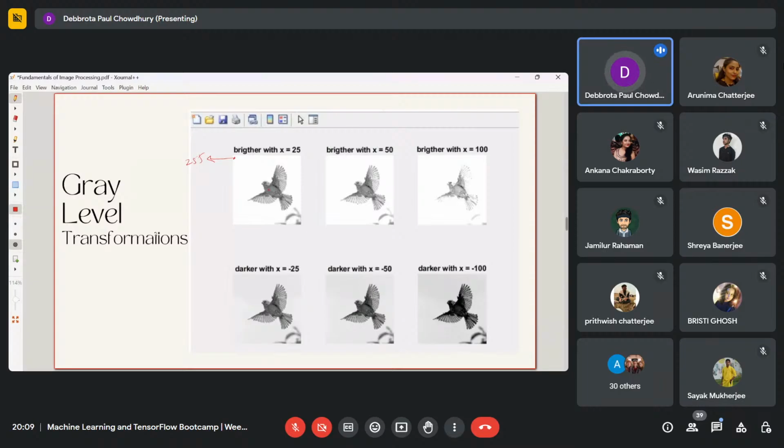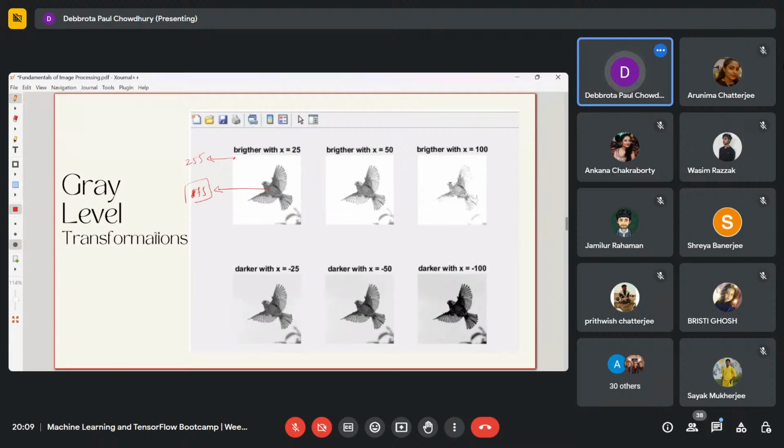And here it is grayer, towards black, so maybe 75, only 75, because these values are towards 0. Now I want to make it brighter. So I'll add an extra 50 or 25 to each pixel.